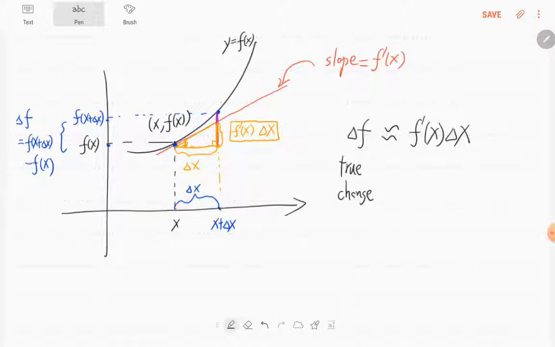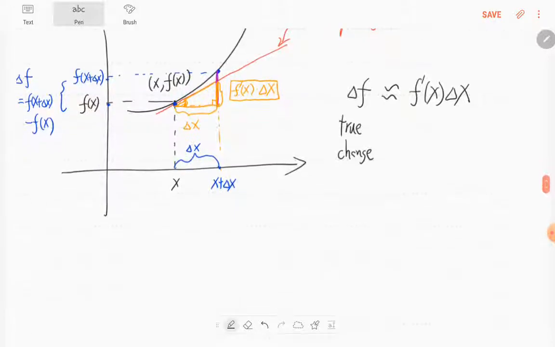Here, if we let dx be delta x, we use another notation. dx represents a small change. Delta x is just a change in x, but dx represents a small change in x.